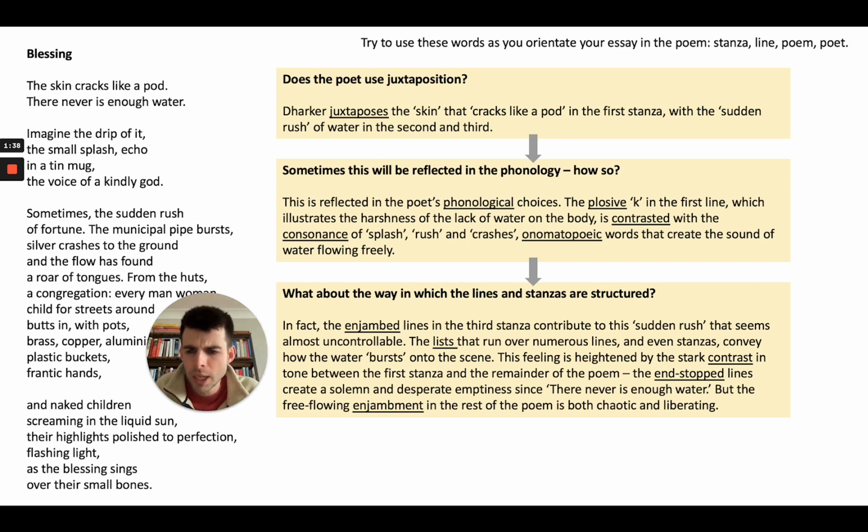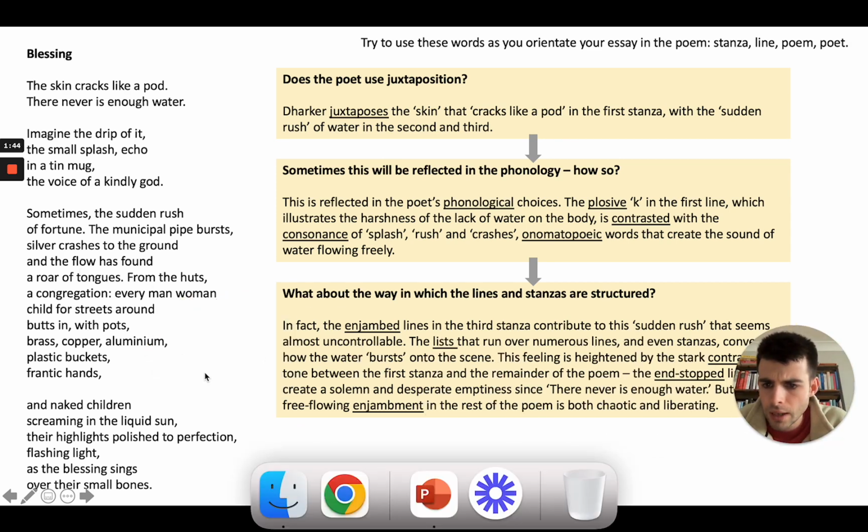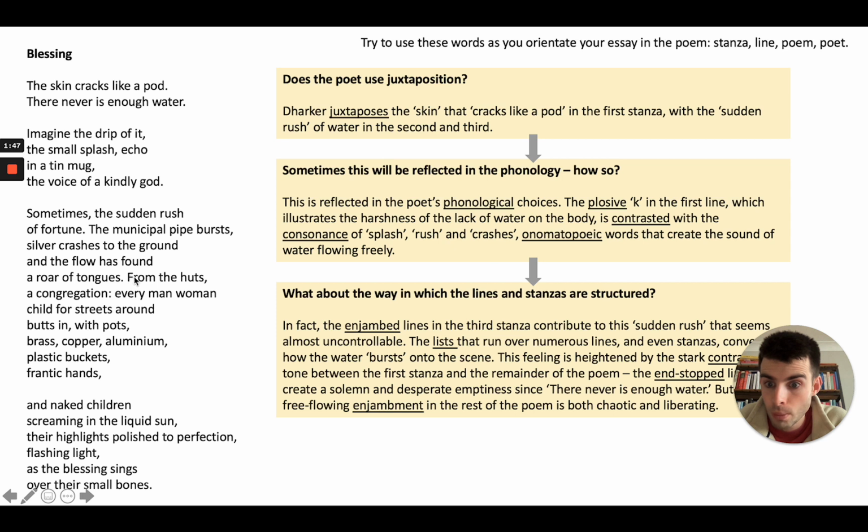We might touch on this later, but you can see that one sentence here runs from the words "from the huts, a congregation, every man, woman, child for streets around, butts in with pots", and that sentence runs to the end of the poem. Now that is something interesting for you to talk about, but if you are talking about a line, which often you are when you're talking about a poem, then use the word line.